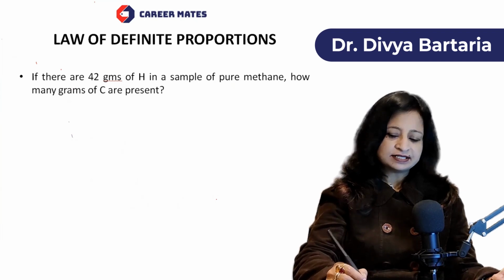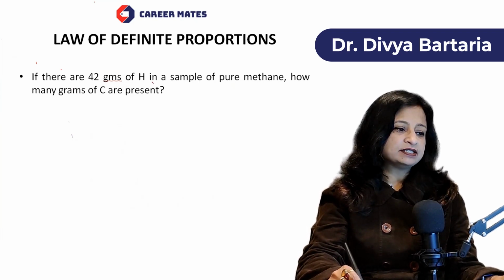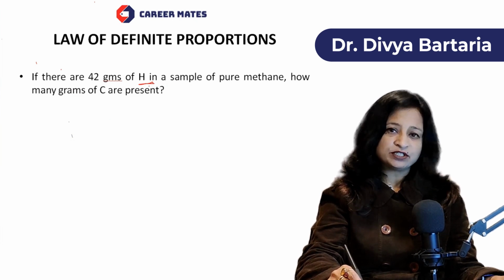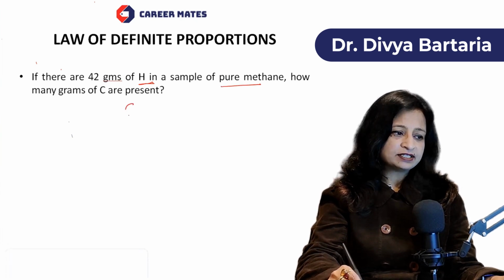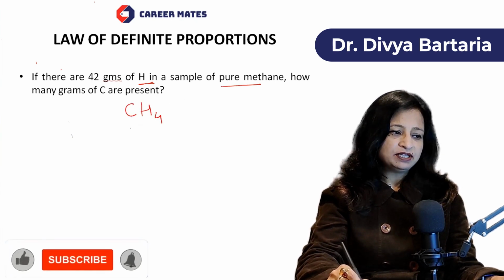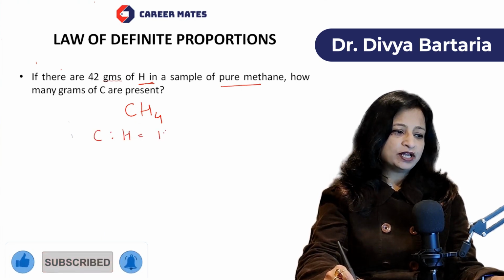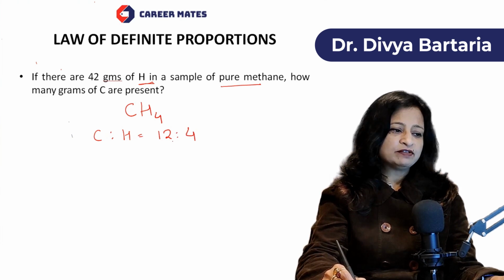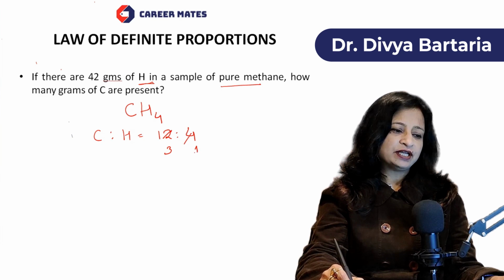Now let us consider one more problem. If there are 42 grams of hydrogen in a sample, so hydrogen का एक हमने quantity देखा, 42 grams present है in a sample of pure methane. Now here we are considering methane. So in methane, what is the ratio of carbon and hydrogen? It is 12:4. So 12:4 means 3:1 we can write, right?